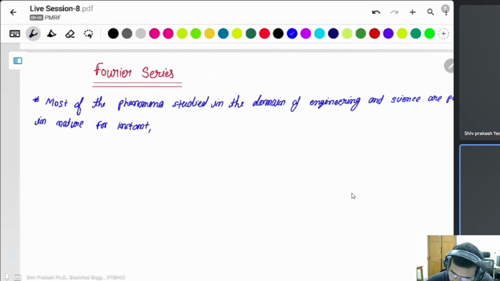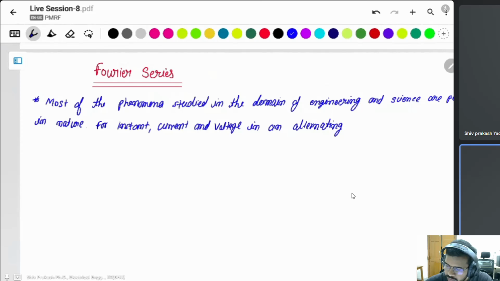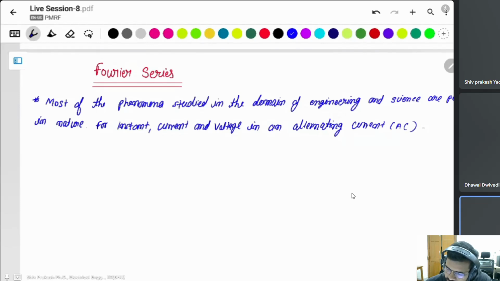For instance, current and voltage in an alternating current circuit, or AC circuit.